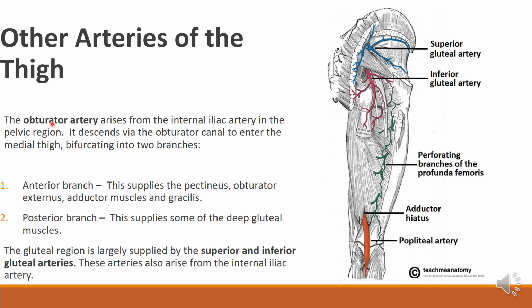These are branches of internal iliac artery. This obturator artery again divides into anterior and posterior branches supplying anterior and posterior muscles of the thigh. In brief, the arteries of the thigh are femoral artery and its branches, obturator artery and its branches, also superior and inferior gluteal arteries.